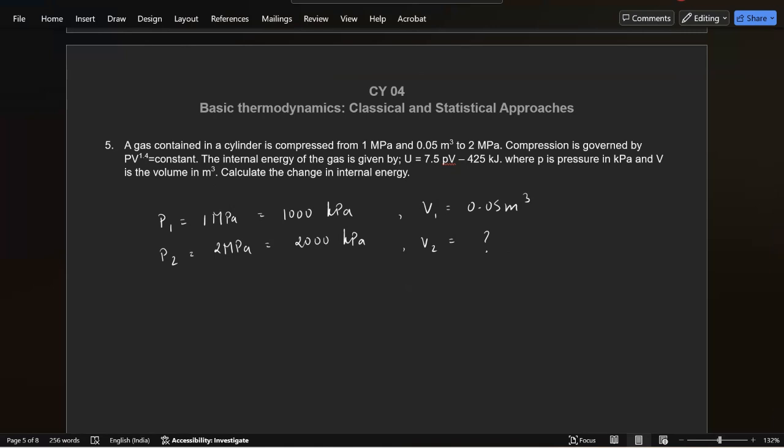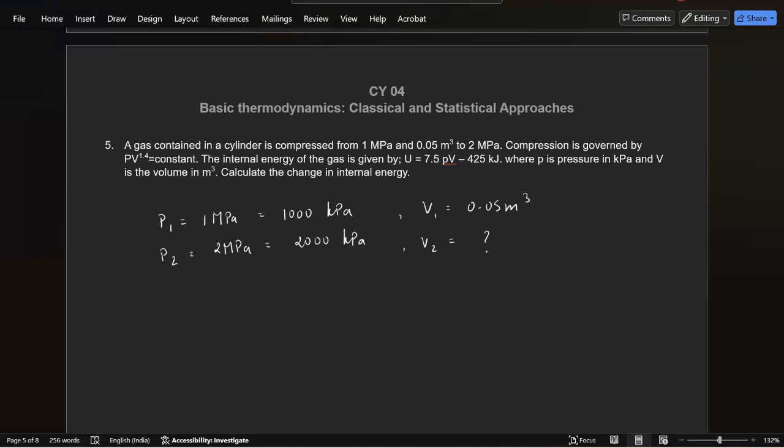Okay, that is given. They are asking us to calculate the change in internal energy when this compression happens from 0.05 meter cube to some volume. They have not told us the volume, but we have to find the volume.